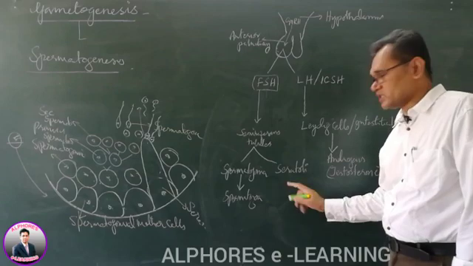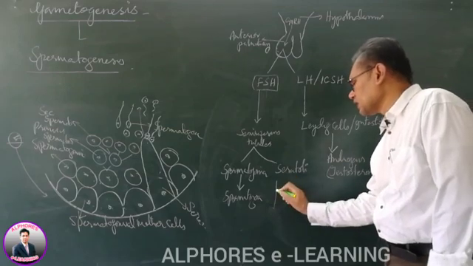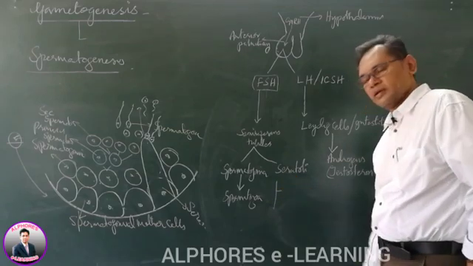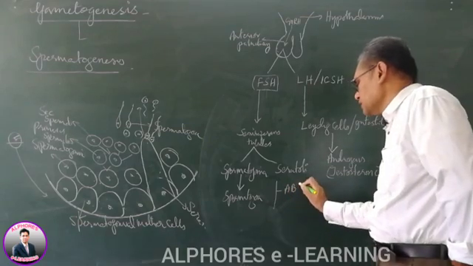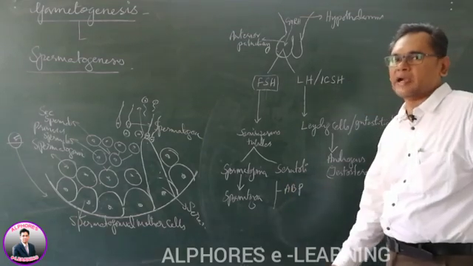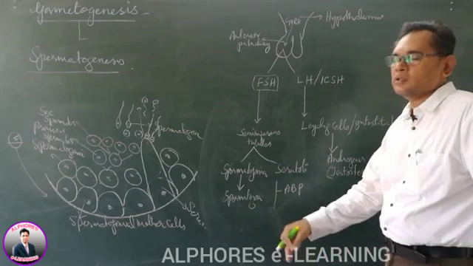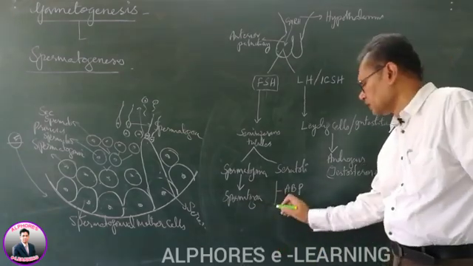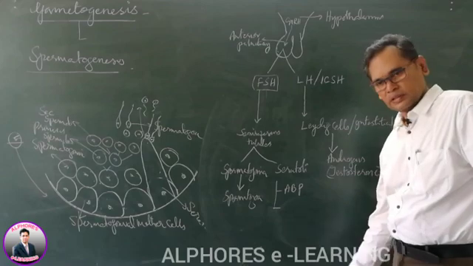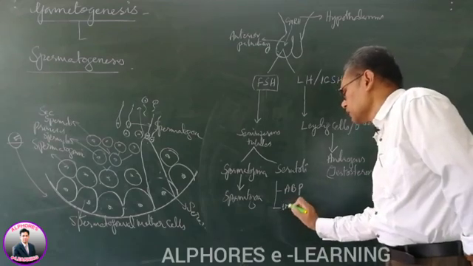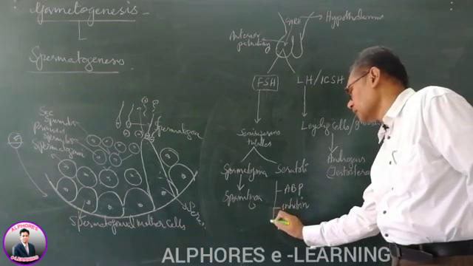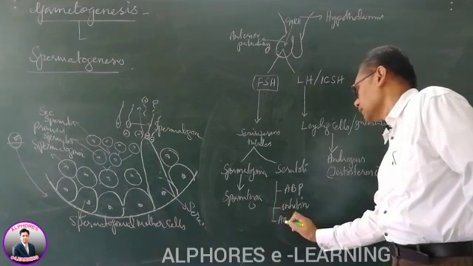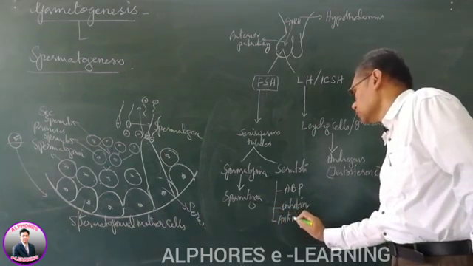Then Sertoli cells will release these hormones. It releases ABP, androgen binding protein, then another one, inhibin, and another one, anti-Mullerian hormone.